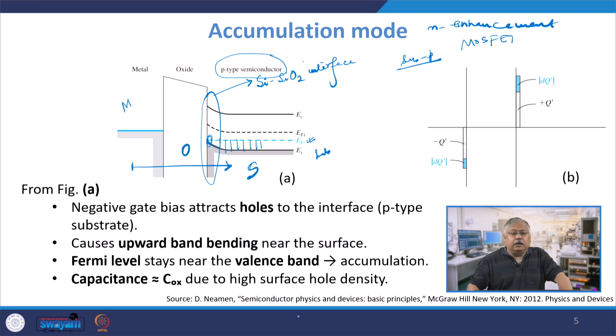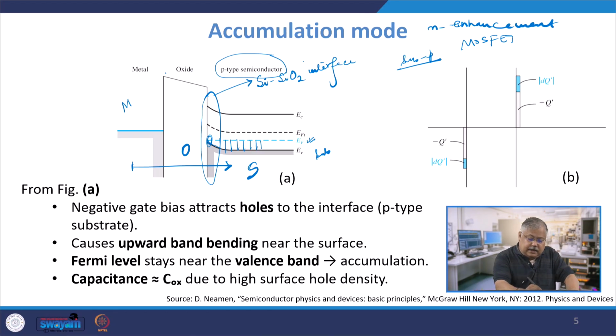Not only that, because you have applied a negative bias, on the MOS side or semiconductor side, the bands will start bending to the top because it is minus Q times V. So, minus of minus is plus, and therefore, the energies will start to increase near the interface, and as you move towards the semiconductor substrate, they will become flat. And moreover, the oxide layer actually goes down like this, right, in terms of energy scale.